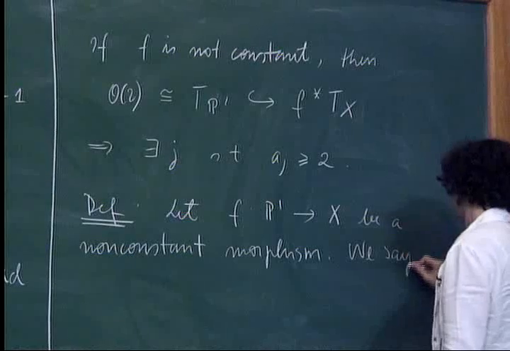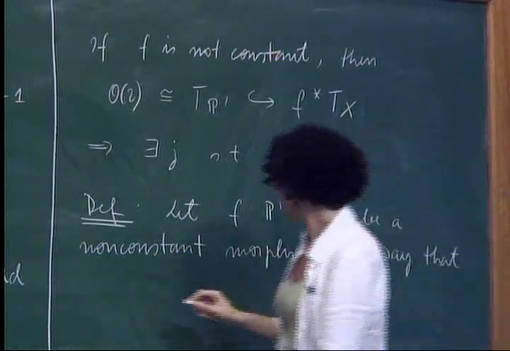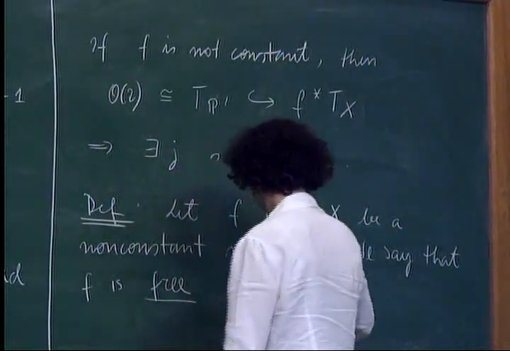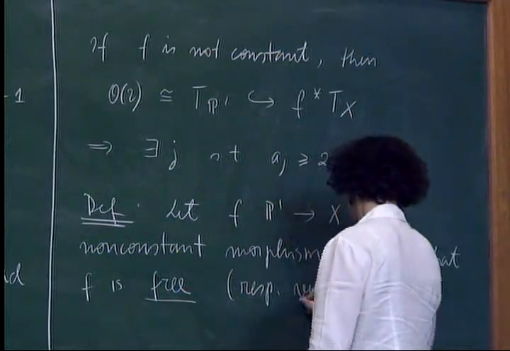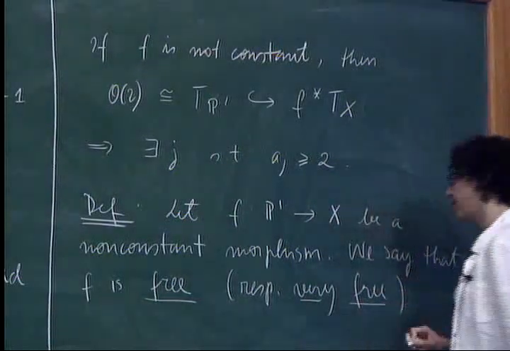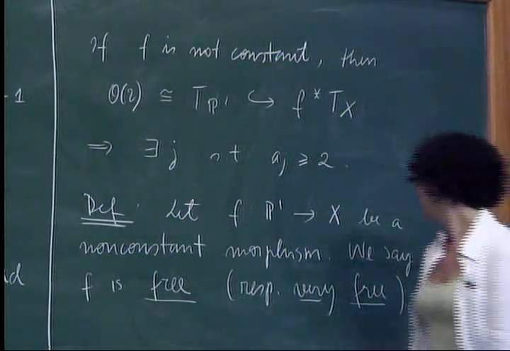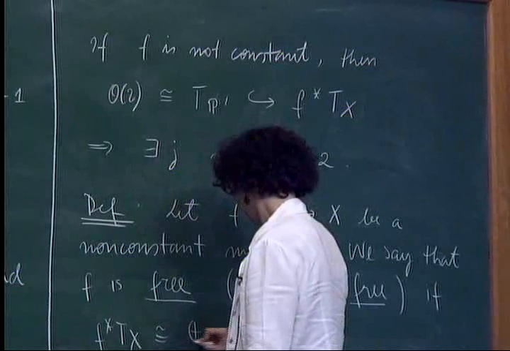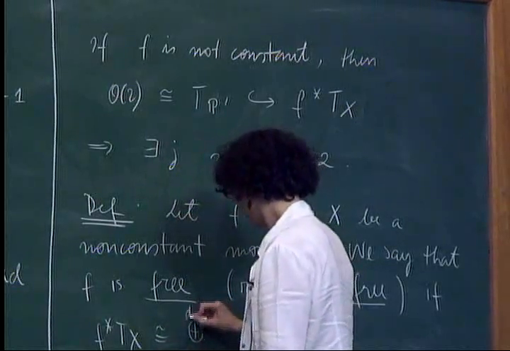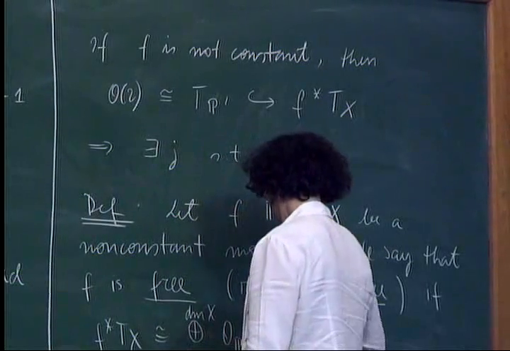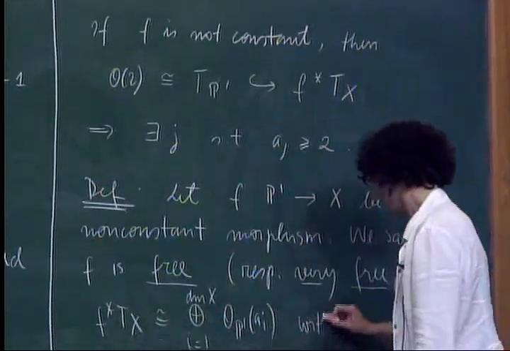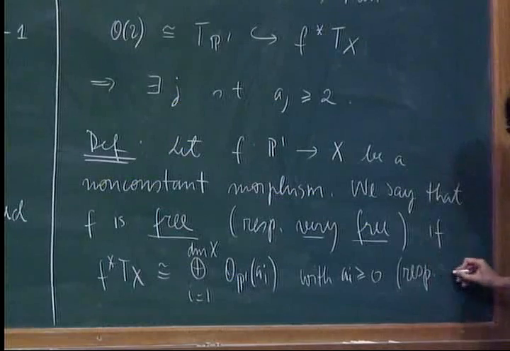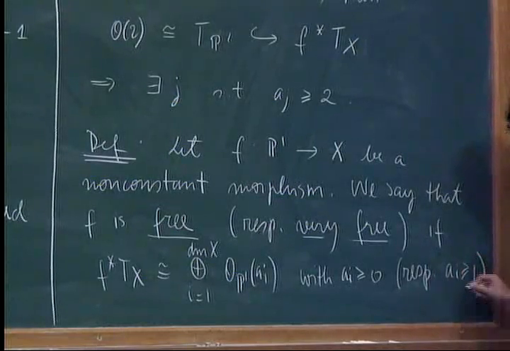So we say that f is free, respectively very free, if we can write the pullback of the tangent bundle as a sum of line bundles with all the a_i greater or equal to 0, and for very free we require that they are all greater or equal than 1.